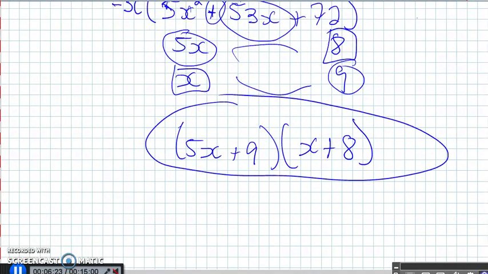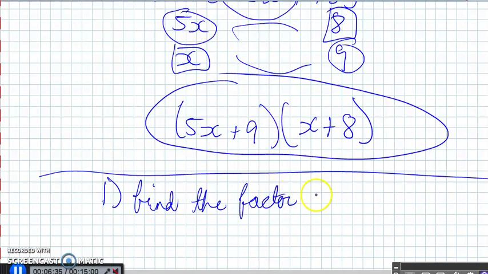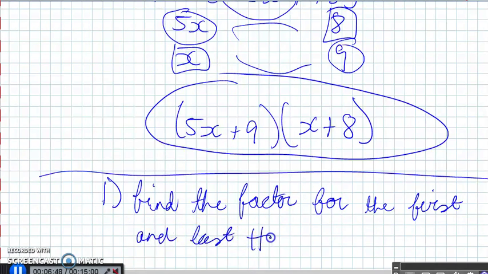So these are the steps. One, find the factors for the first and last number of the trinomial.